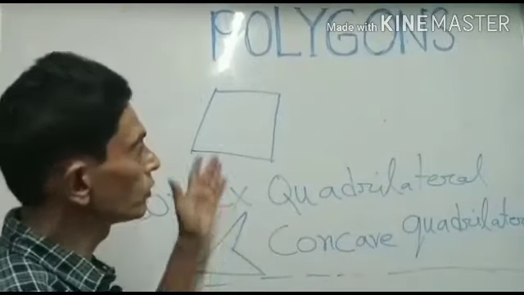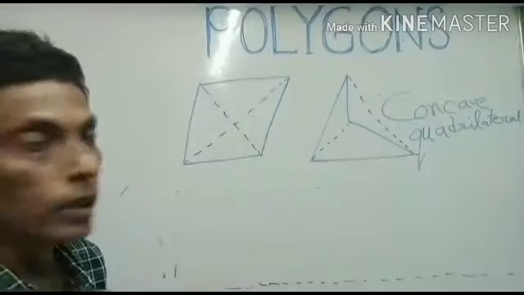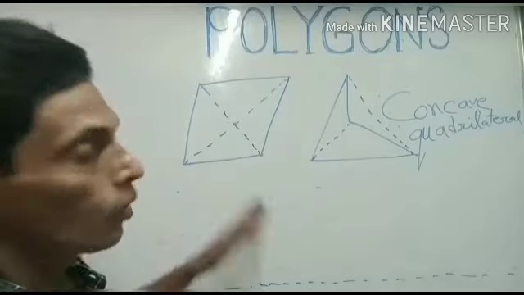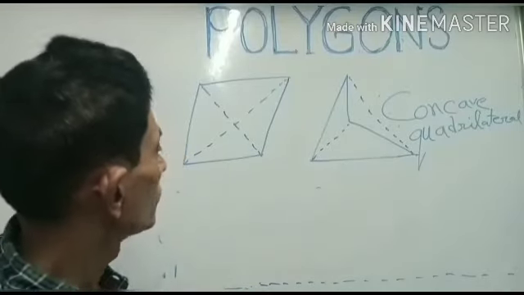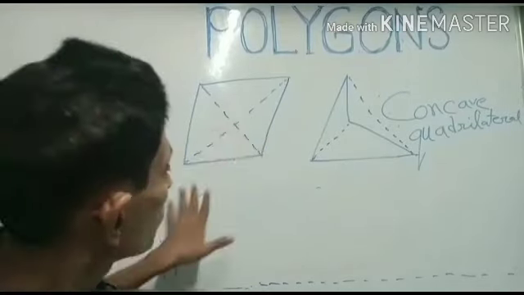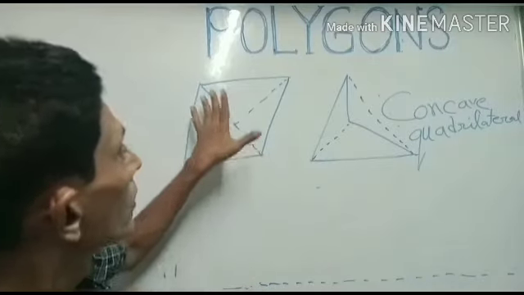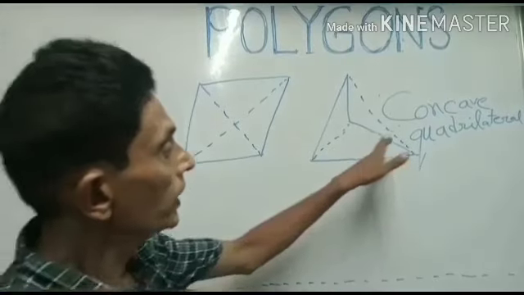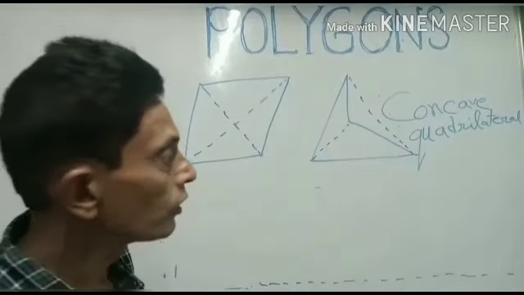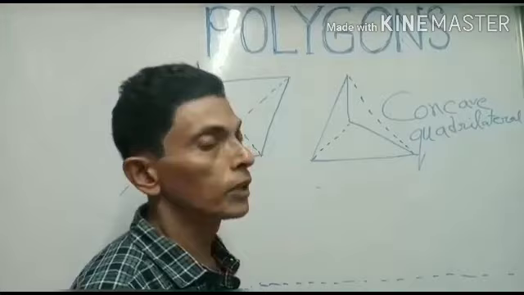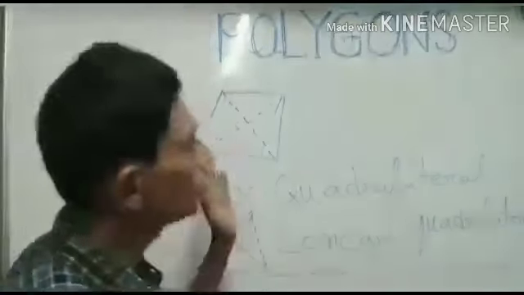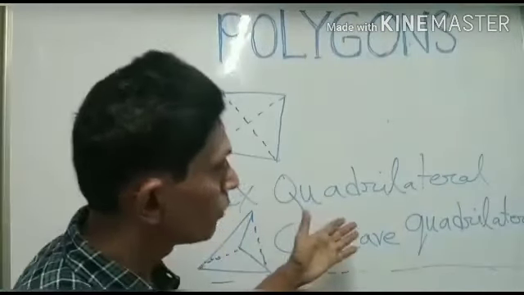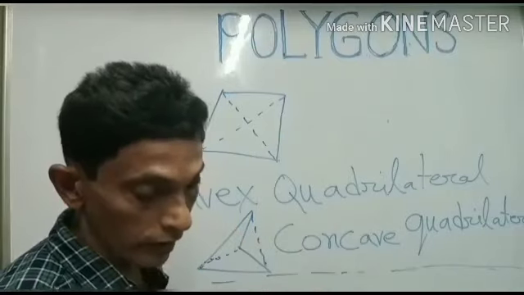So what is the difference between the concave and convex quadrilateral? In a pentagon also, or in other polygons also, in a convex polygon, all the diagonals are inside the polygon, and in a concave polygon, some of the diagonals are inside the polygon and some of the diagonals are outside the polygon. This is the difference between the convex quadrilateral and concave quadrilateral.